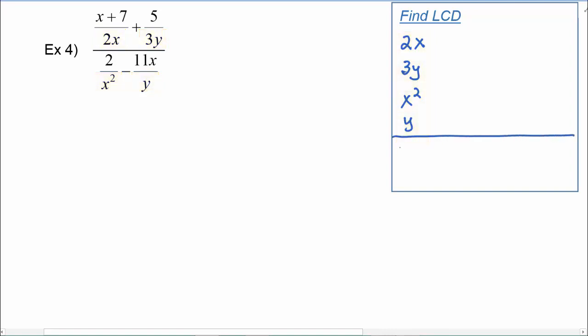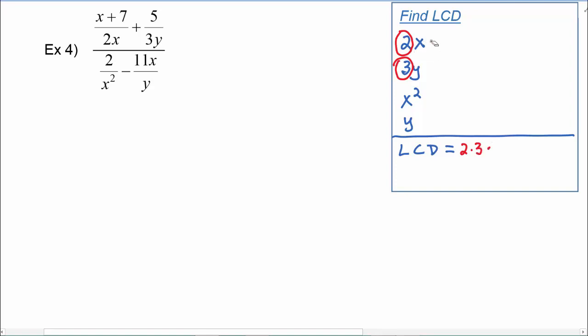So now when we find the LCD, we still have to find the largest exponent of any factor. So for the coefficients, we see we have a 2 and a 3. They're both to the first power, so the LCD will need a 2 times 3.